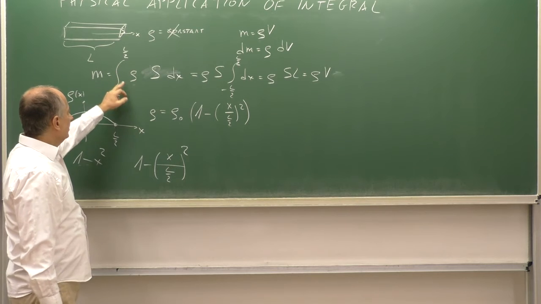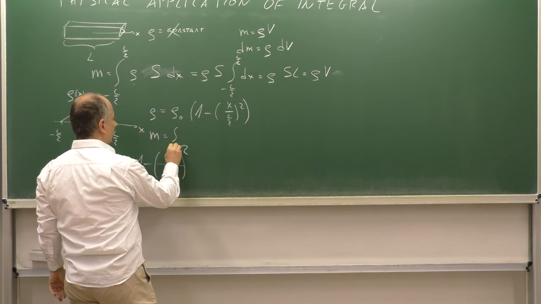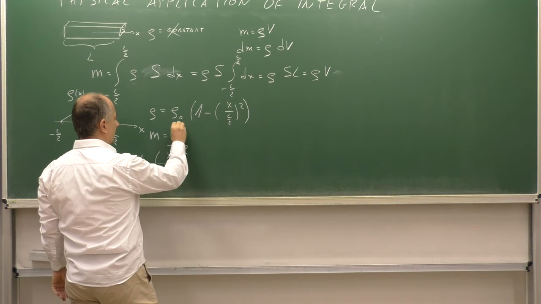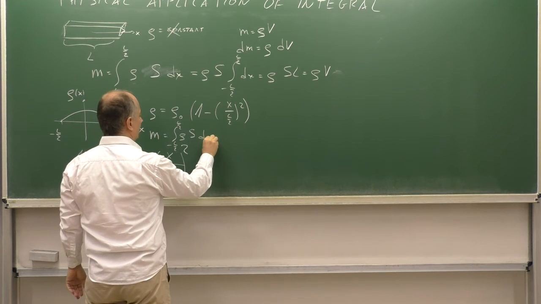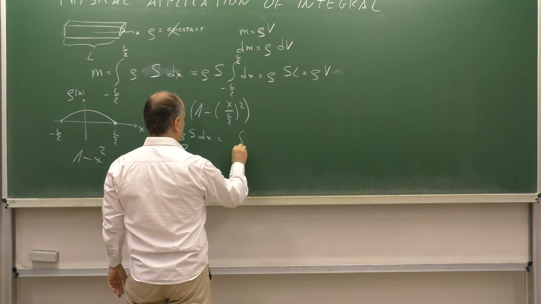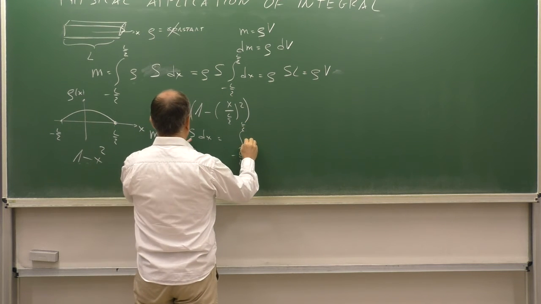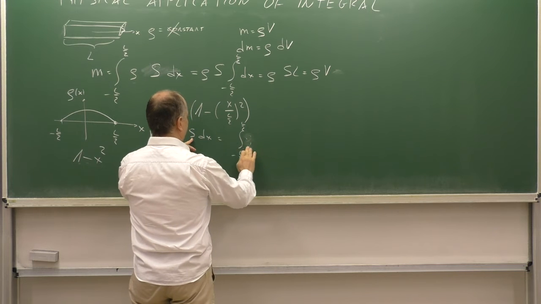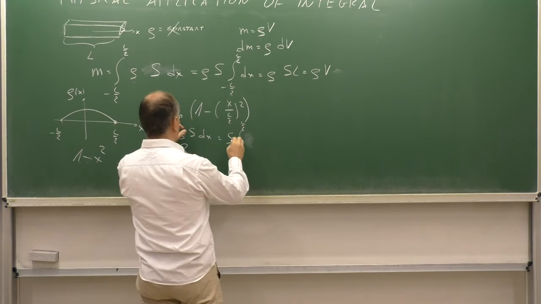And then, in a similar way, we can find the total mass, namely the integral from minus L half to L half of rho S dx. S is a constant, so we can factor out S in front of the integral, and rho is rho 0.